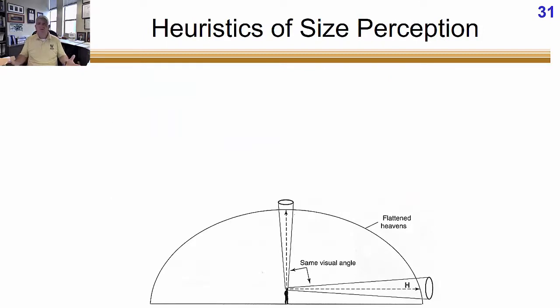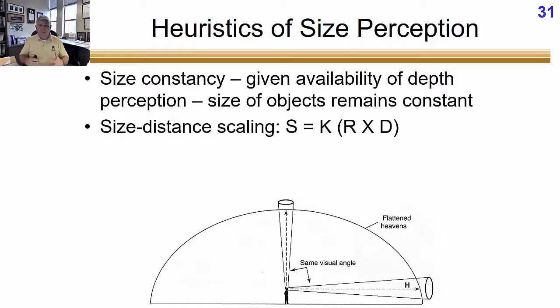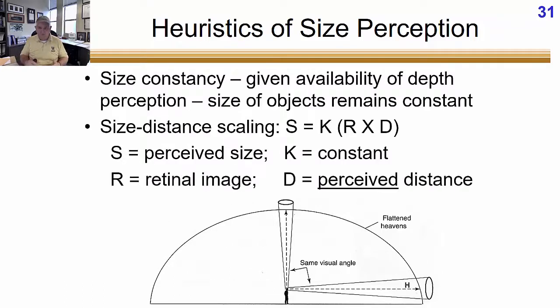Okay, so heuristics of size perception. Even though we have some things like the flattened heavens illusion, where we judge an object as a different size depending on cues, right? Usually we have, given the availability of depth perception, the size of objects remains fairly constant. And in fact, there's a size distance scaling equation where S is the perceived size, there's a constant K, we don't have to worry about that.